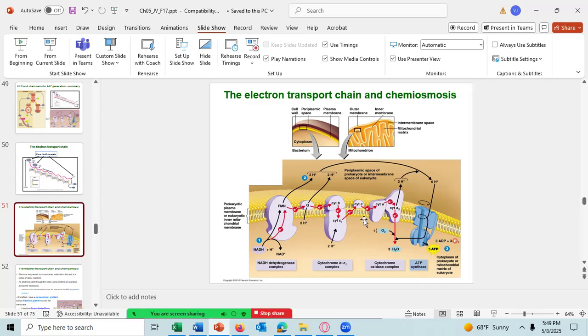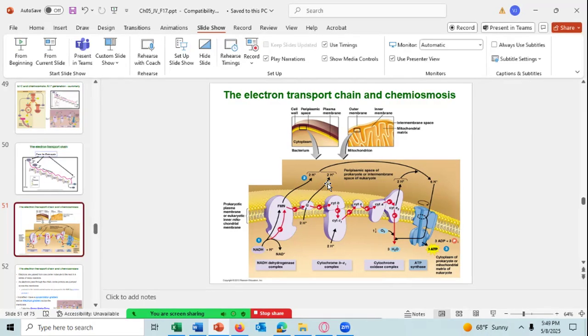All right. So as I mentioned, in eukaryotes, the hydrogen ions are being pumped from the inner mitochondrial membrane inside the space between the outer membrane and the inner membrane. In the prokaryote cell, the hydrogen ions are pumped across the plasma membrane, and if the cell has a cell wall, they're being pumped into the cell wall.